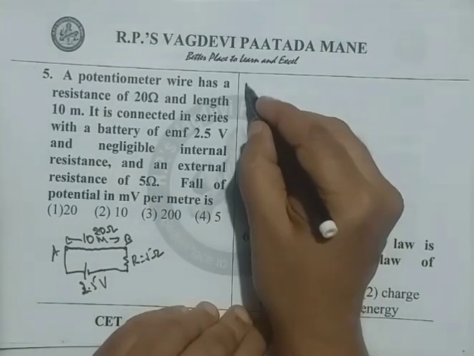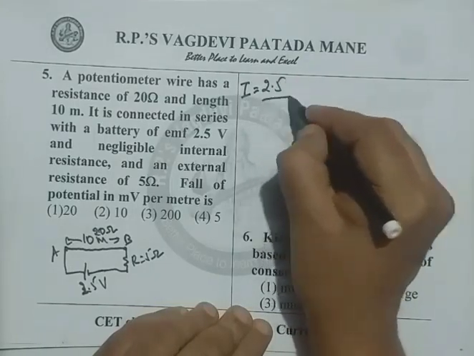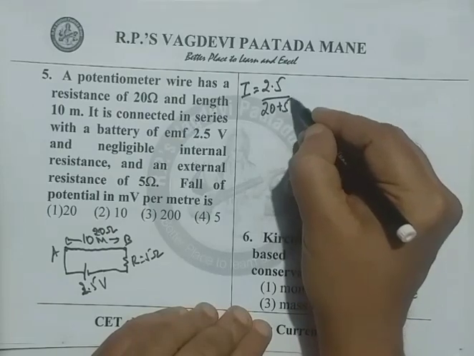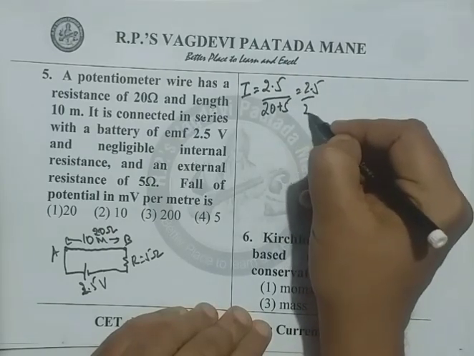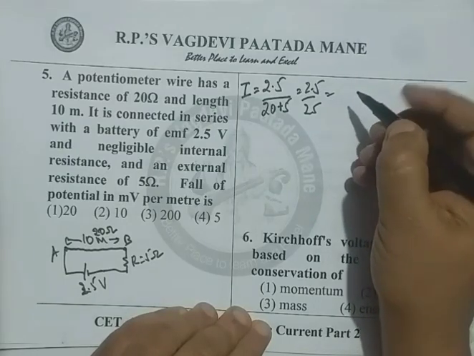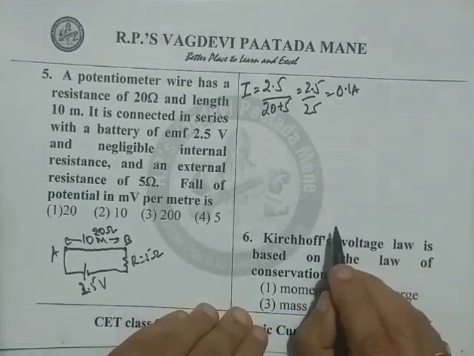So current I in the wire equals E, 2.5, divided by net resistance 20 plus 5, that is 2.5 by 25, which amounts to 0.1 ampere current.